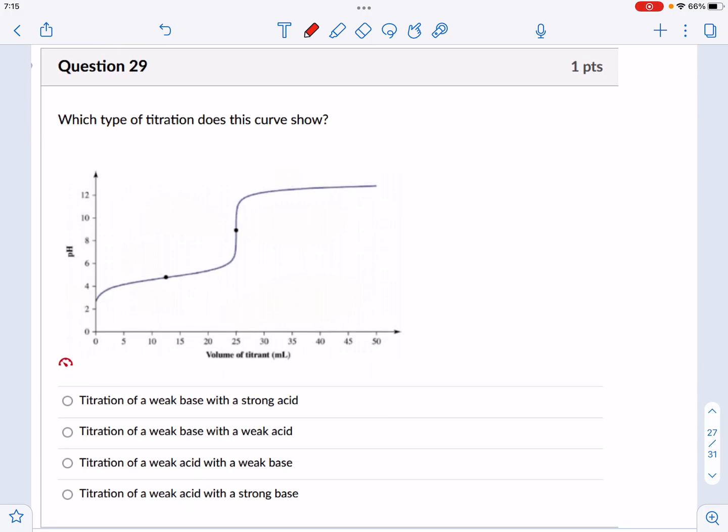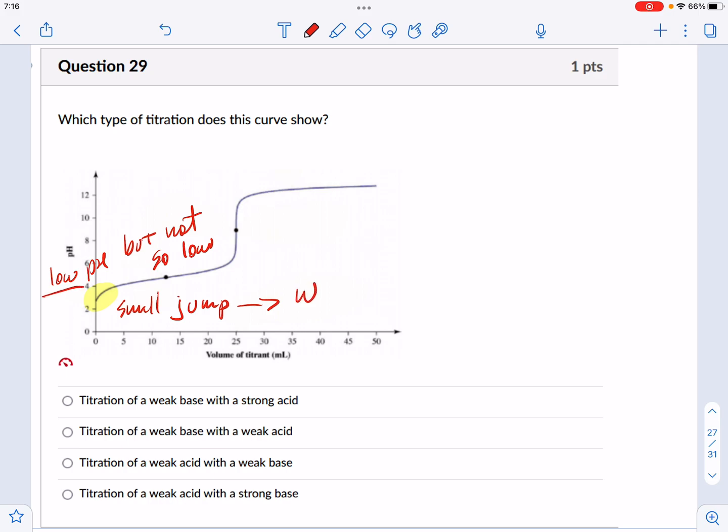What type of titration does this curve show? Well, you are starting, number one, at low pH, but not so low, okay? And more important, there is a small jump there. Therefore, the small jump is telling you that it is weak.